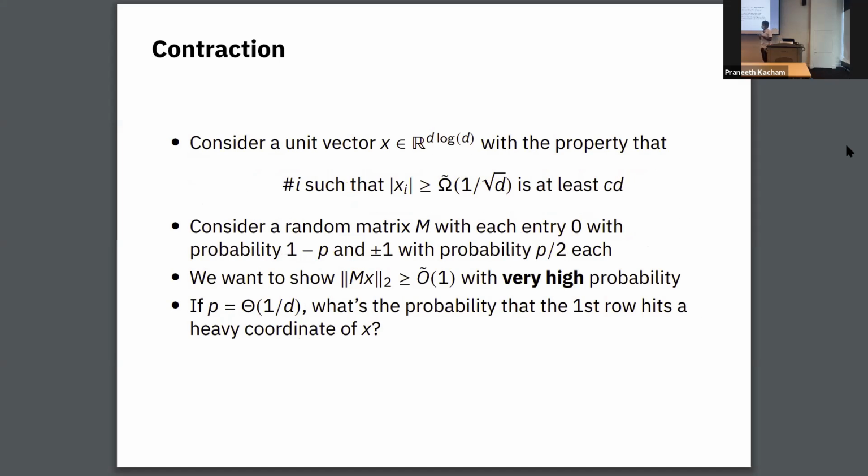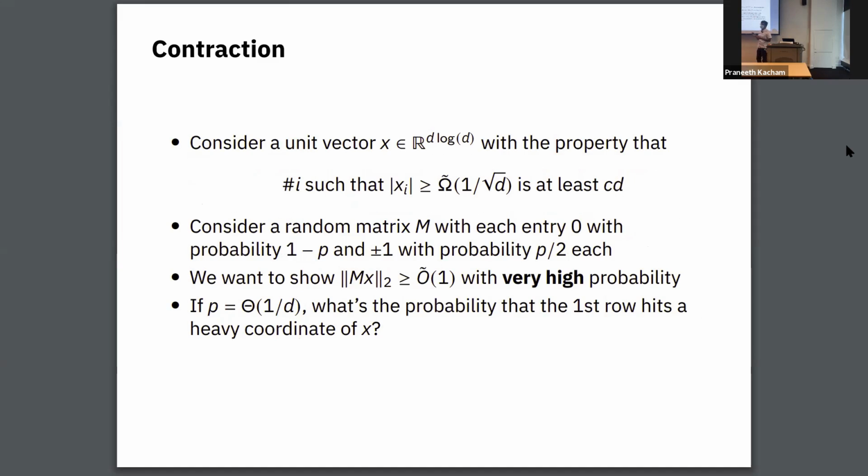Now we want to give a distribution of matrices such that the norm of Mx is greater than some fixed value with very high probability, given a vector x satisfying the property that its L1 norm is large. So we consider an arbitrary unit vector x with this property.